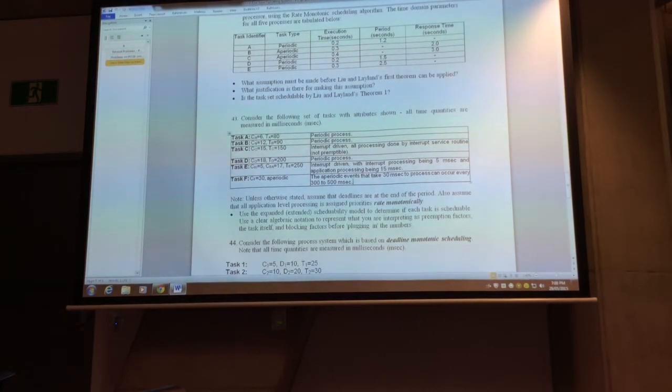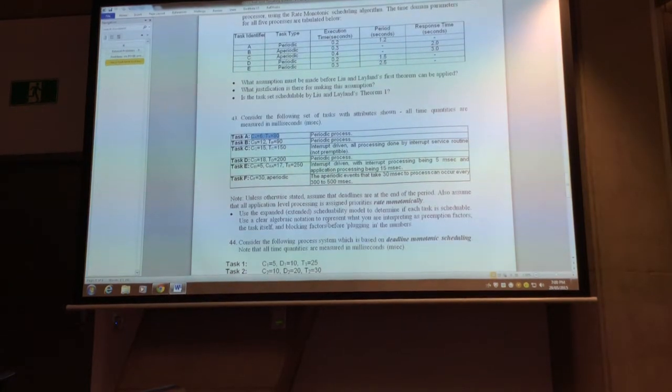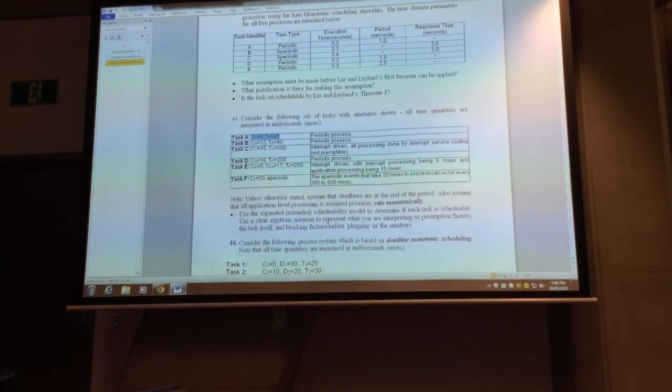All right, well, what is the expression going to look like for the schedulability of task A? What's its preemption factor going to look like? 0. It's the highest priority task in the system, so it never has a preemption factor. What's its task execution factor look like? Yep, 6/80, CA over TA. And does it have any blocking factor? Yes, in fact it has two terms to make a blocking factor.